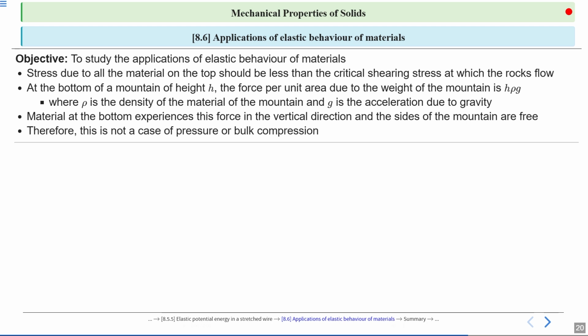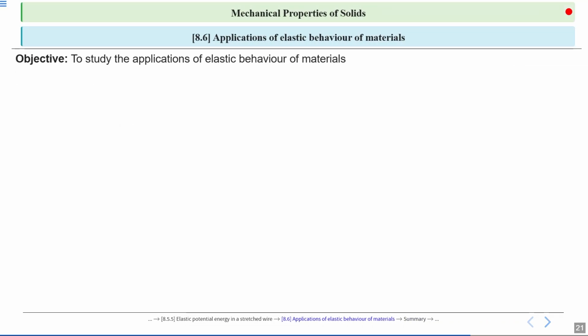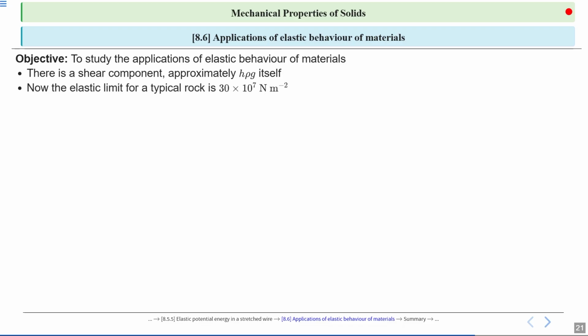Because the sides are free and the force is vertical, this situation is not the same as pressure of bulk compression, where a material is squeezed from all sides. Here, the stress is directional, mainly downward. So, there is a shear component approximately h rho g itself.